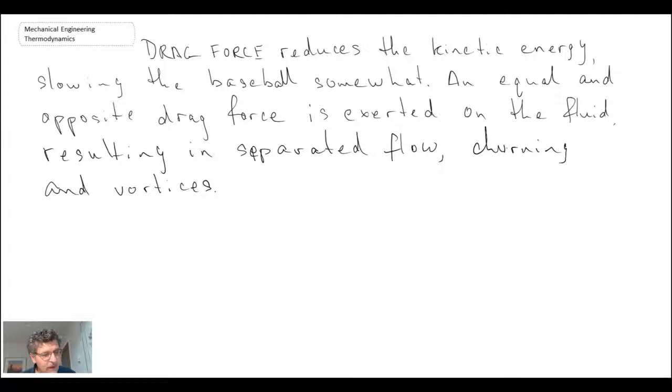So the equal and opposite force acts on the fluid behind the ball. So the next thing that I want to do, we're going to consider more closely what is happening within the fluid.